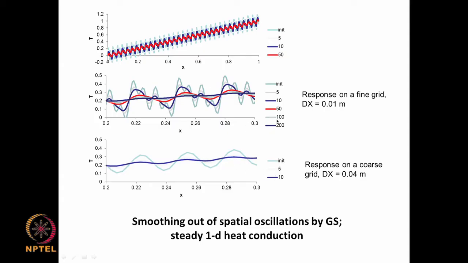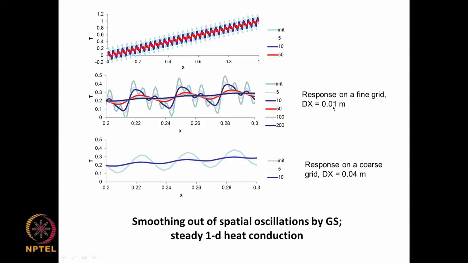So what has taken you 100 iterations to come up to this variation, you have achieved in 10 iterations on a larger grid, because on this large grid this variation is like a short wavelength variation. So the same Gauss-Seidel method with a delta x spacing of 0.01 or 0.002 here is taking 100 iterations to reduce this wavelength error in the red thing, but it is taking only 10 iterations on a grid spacing which is 4 times bigger.